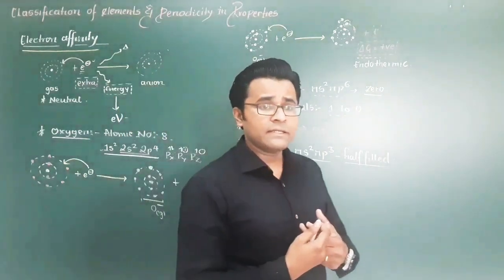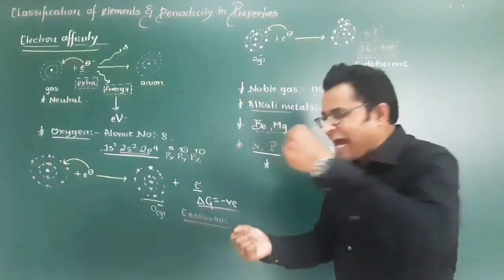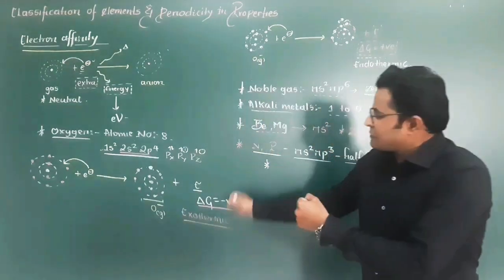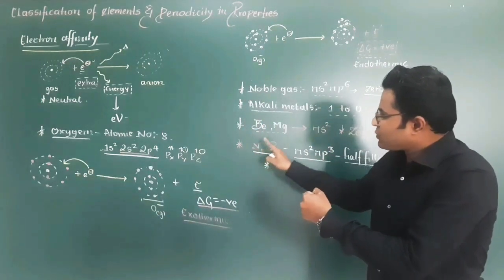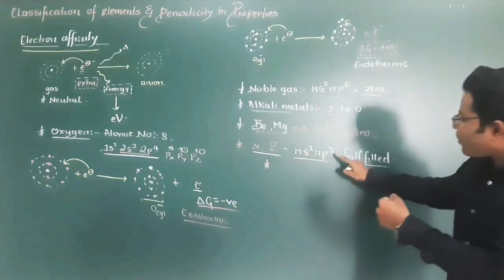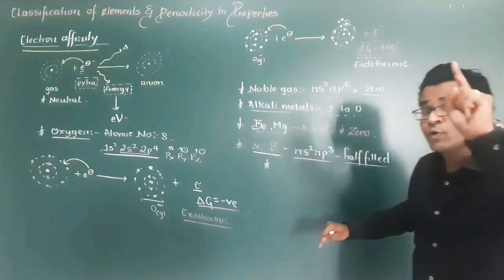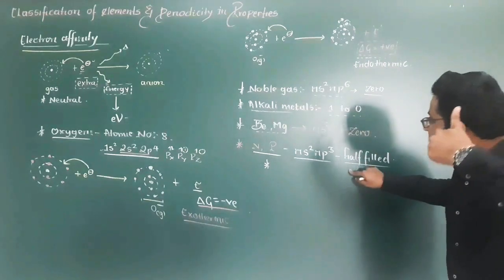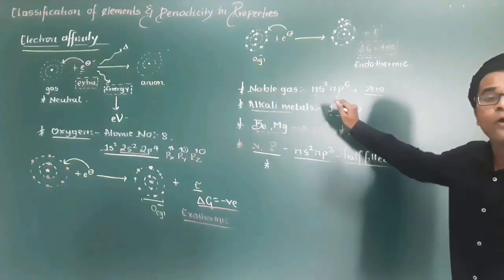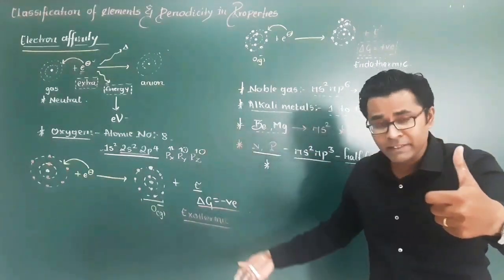So what is going to happen? We need to see that when we add the electron in case of nitrogen or phosphorus, as it is already half-filled, it's more stable. Remember this? If it is half-filled or completely filled, it's already more stable than the rest of the elements.